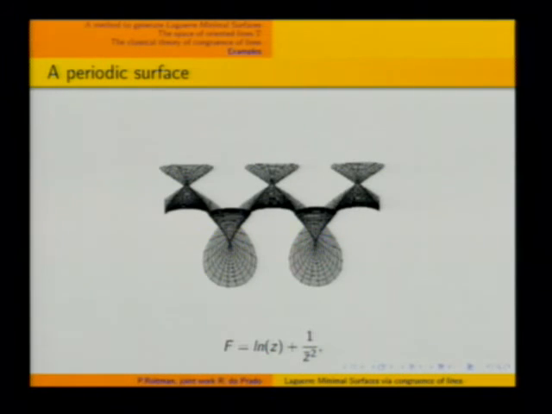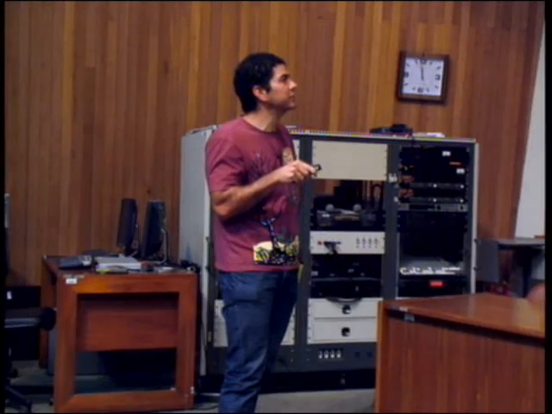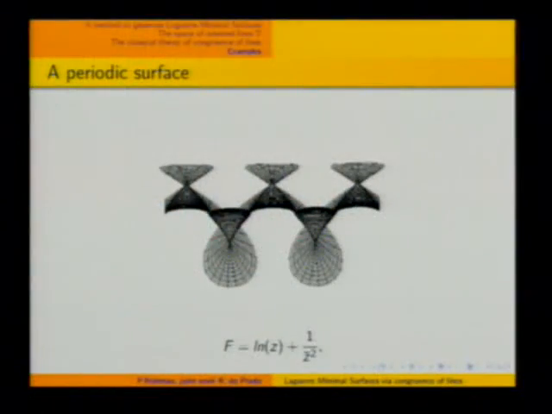Another example: if you start with f equal to log of z plus 1 over z bar squared, you get a one-periodic surface, which is kind of nice because, although the picture is very bad here, there is a curve that repeats itself, and it's a cycloid.